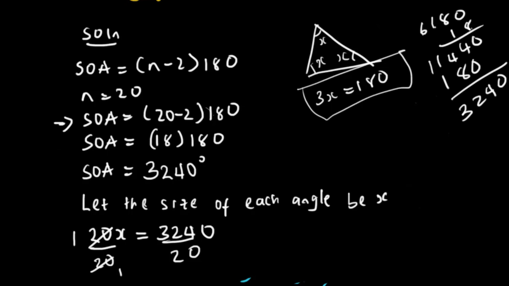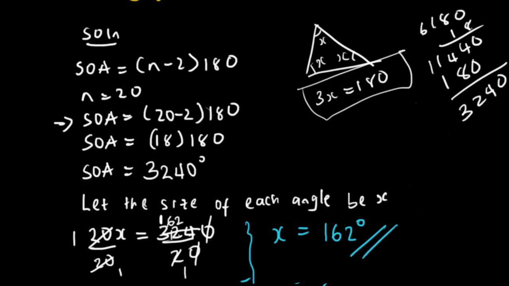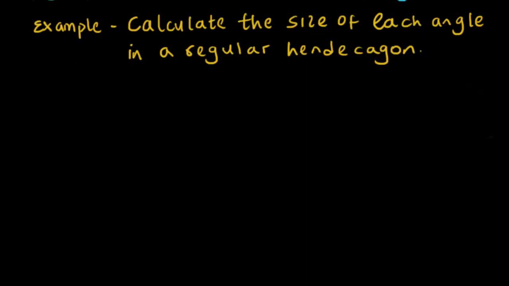We are left with x equals, now I have 0, we cancel 0, 2 here 1, 2 in 3 is 1, remainder 1, 2 in 12 is 6, 2 in 4 is 2, so we have x equals 162 degrees. And here is the size of each angle in a regular polygon that has 20 sides. Does this make sense? Let's take one more example.